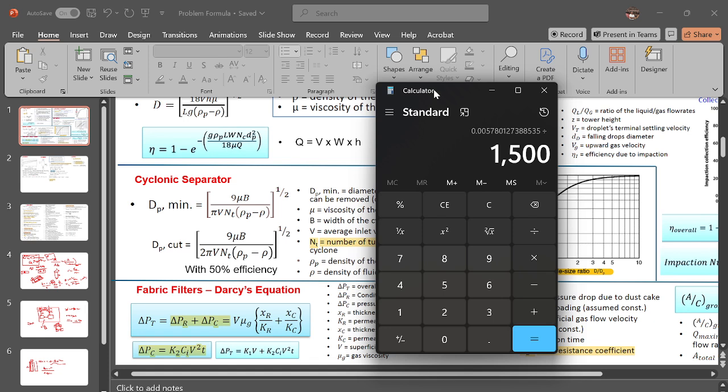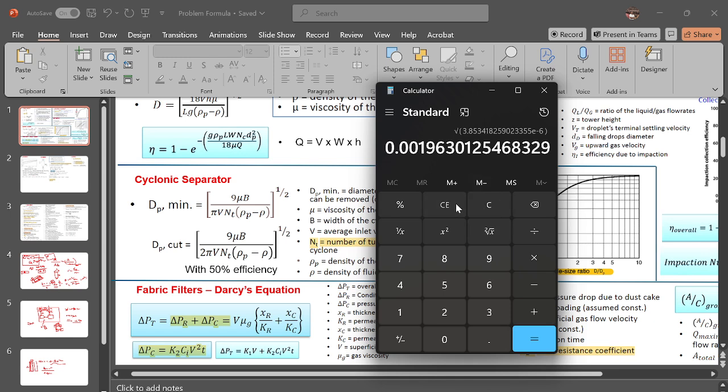Everything I am taking in meter terms. Rho of air I am assuming as 1, so 1500 or 1499, anything you can keep. The root of this value will be the answer in micrometer.